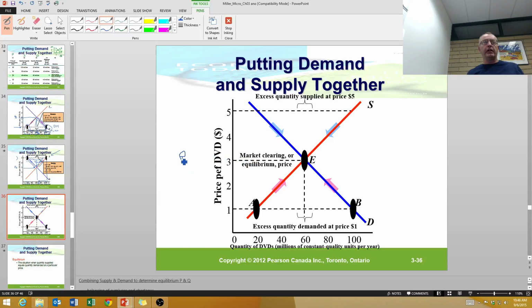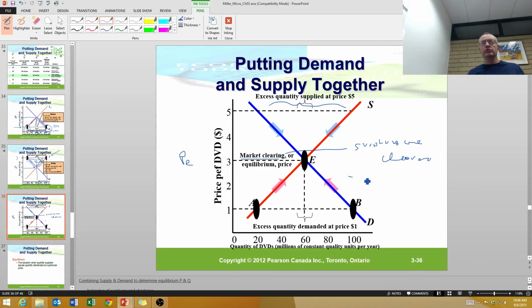And then at equilibrium here, this equilibrium price is also called the so-called market clearing price. And what market clearing means is surpluses are cleared from the market. So this original surplus goes away.